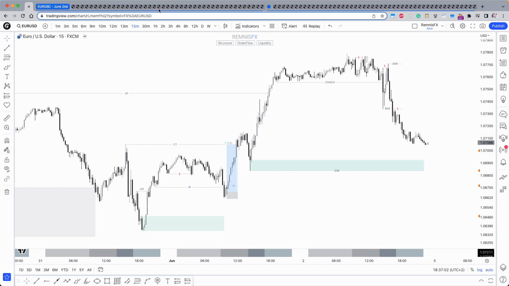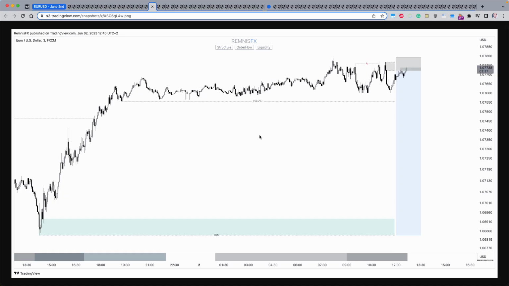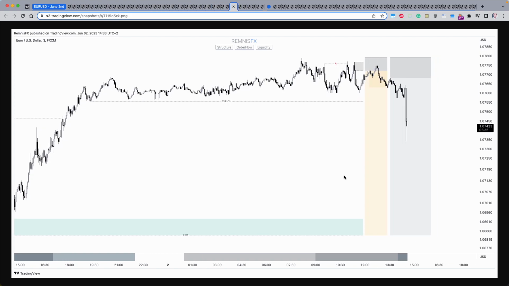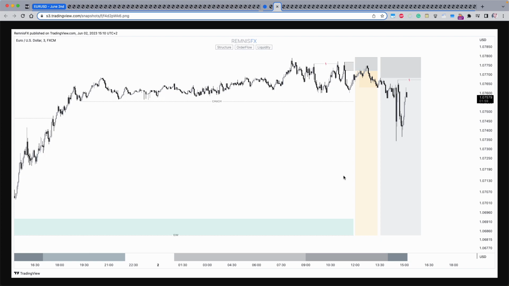Nevertheless, that's why it looks a bit weird on the current time frame, but it was an inducement point, and my earlier entry was still pending based on this one here, right?